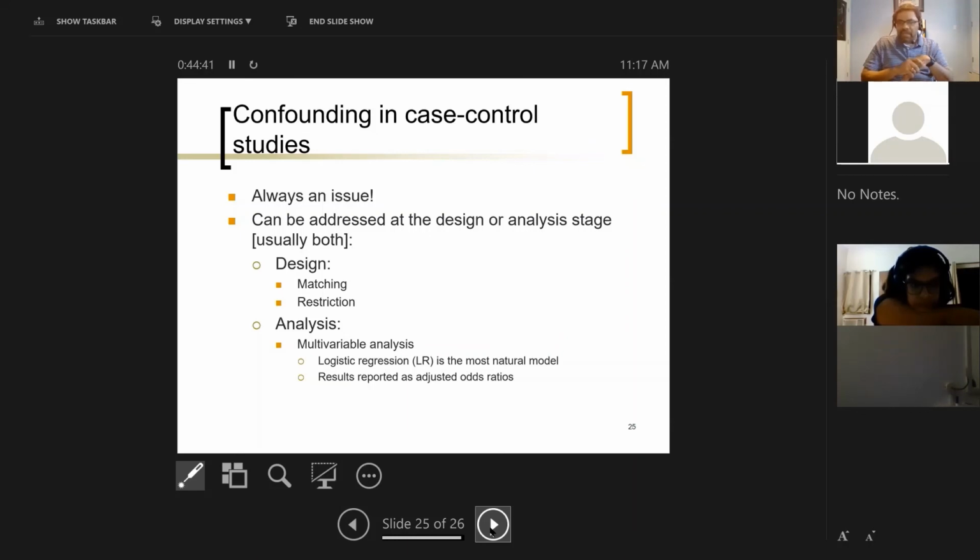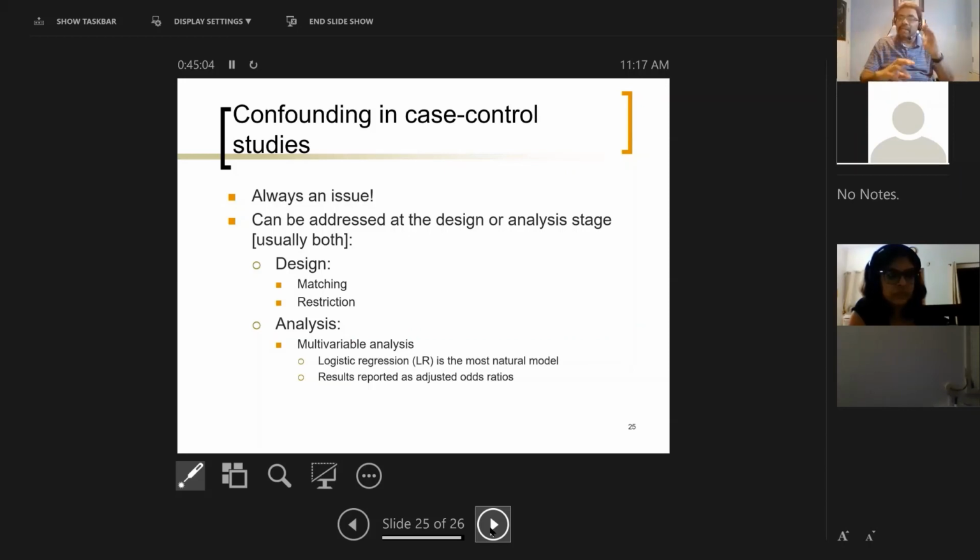But invariably, every single case control study I've ever seen will do multivariable analysis to adjust for confounders. They'll say, here is the odds ratio, the crude odds ratio. Then they'll say, we then adjusted for age, sex, socioeconomic status, disease severity, a whole bunch of things as potential confounders.